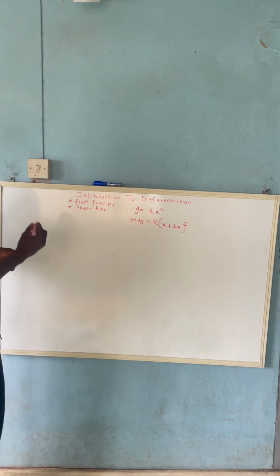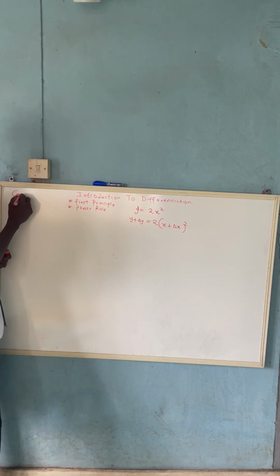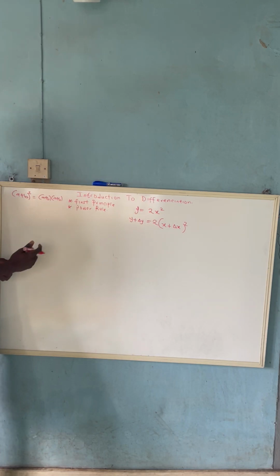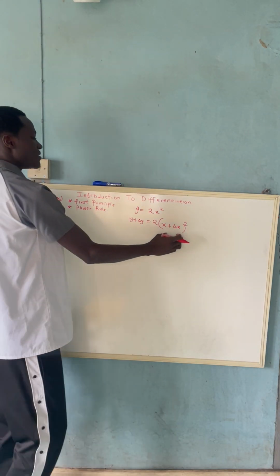Remember that in your mathematics, if I have, let's say, (a plus b) squared, it simply means (a plus b) multiplying itself (a plus b). So I'm going to do the same for here.